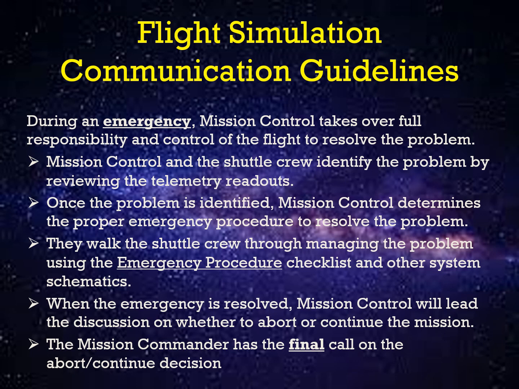They'll use the emergency procedure checklist and the system schematics to work with the flight crew to try and resolve it. And always remember to have a discussion about abort or continue following the completion of any emergency checklist or schematic checklist. So those are the highlights of it.